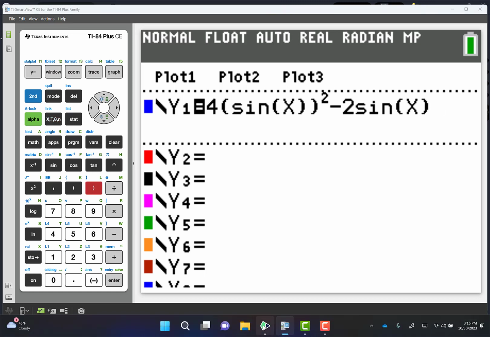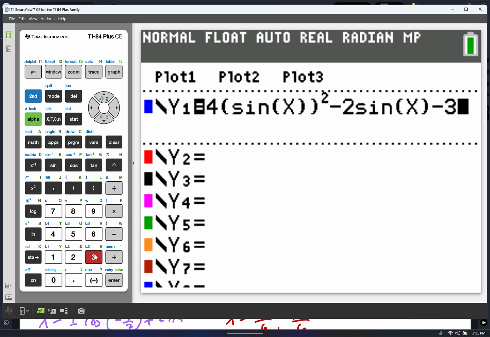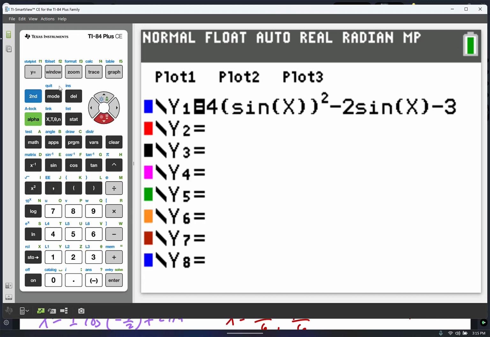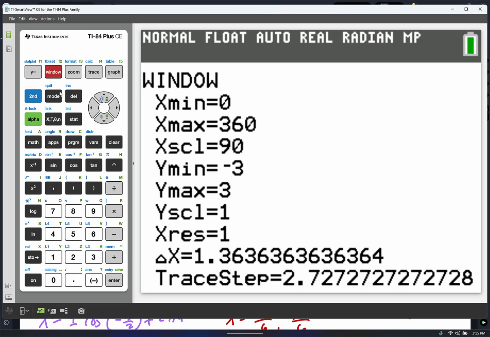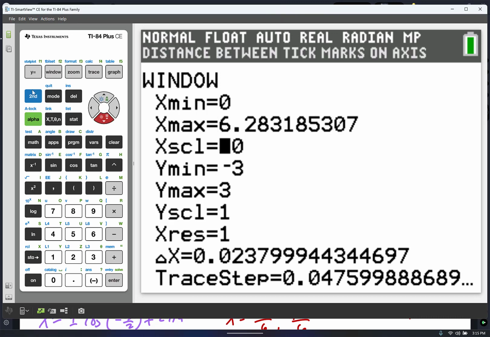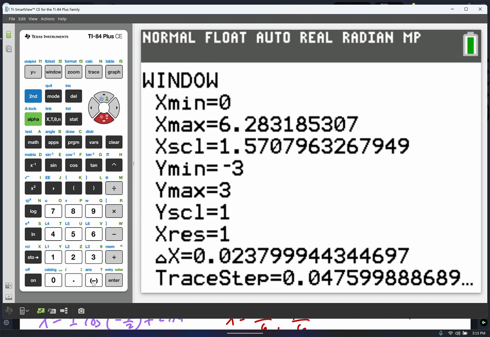And then what was the last one? Minus 3. And that's it. I'm going to go to window. I'm in radian, so 0 to 2 pi. And I want to go by pi over 2. Negative 5 to 5 should do it.